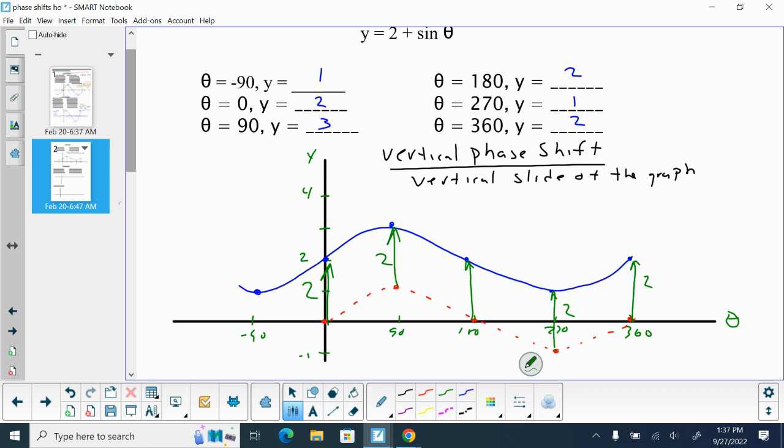Once again, in geometry, we're in the algebra world. This is called a translation. And if we look, the value 2 is the value that's out in front of our trig function. So what we have here is y equals our vertical phase shift plus or minus sine or cosine of our horizontal phase shift.